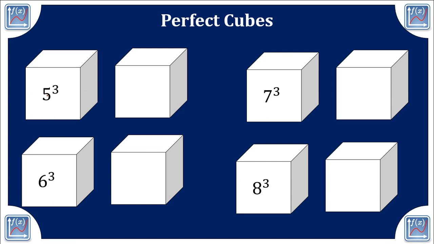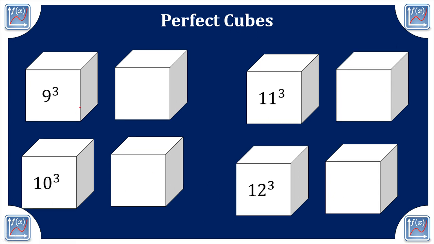A 5 by 5 by 5 is going to be 125, a perfect cube number. A 6 by 6 by 6 is 216. 7 by 7 by 7 is 343. And then we have 8 by 8 by 8 gives us 512. Again, these are all perfect cubes.